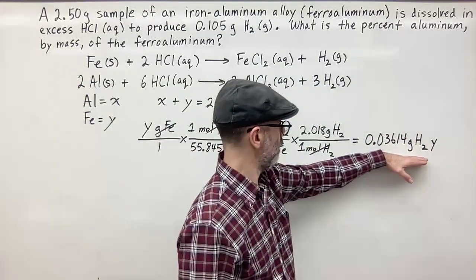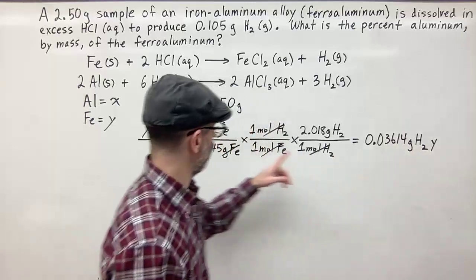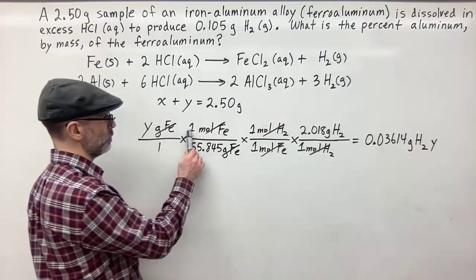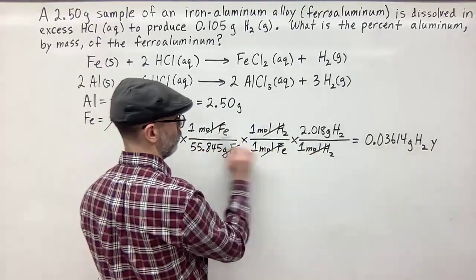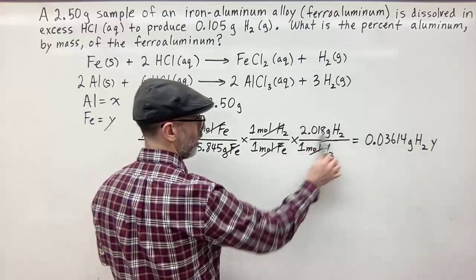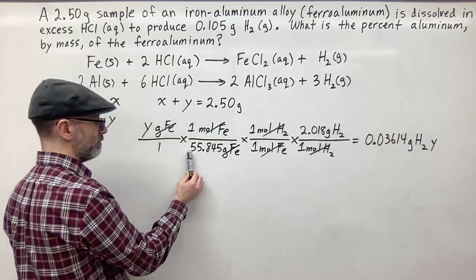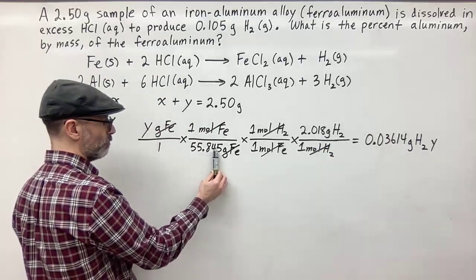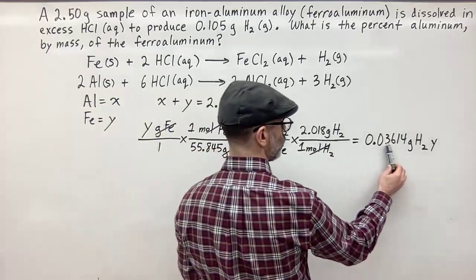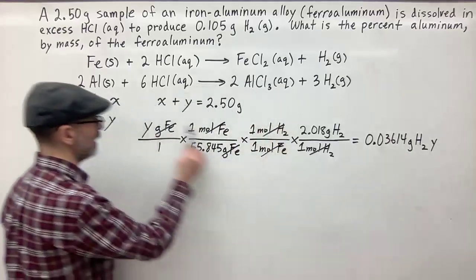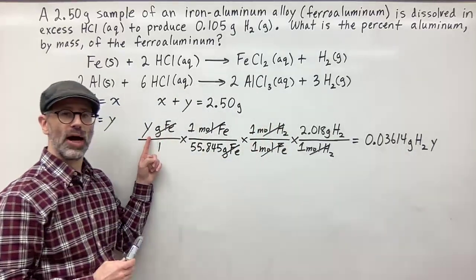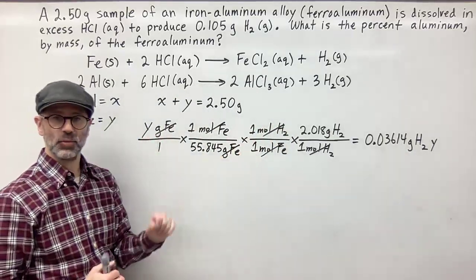Okay, so now I have the amount of grams, and notice all I did was take 2.018 and divide by 5.5845, and I got 0.03614, and then I got the Y here. Can't forget the Y because that's multiplied by everything as well.